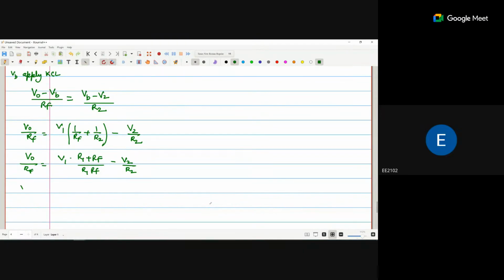So V0 is V1; this RF and RF cancel out. R1 if I divide, this is 1 plus RF by R1, minus V2 into RF by R2. Sorry, this is R2.